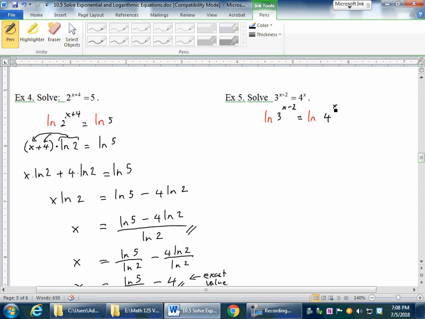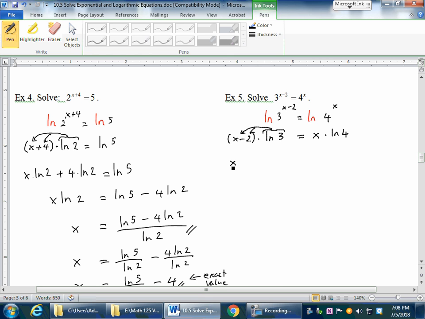Now using the properties of logarithms, I'm going to rewrite the exponent of the argument as a factor. So that means x minus 2 times ln of 3 is equal to x times ln of 4. Now, remember that ln of 3 is a number, so I'm going to distribute that into both of the terms.